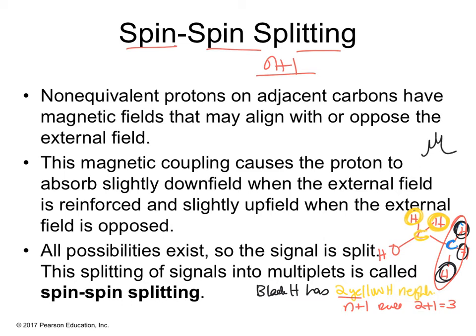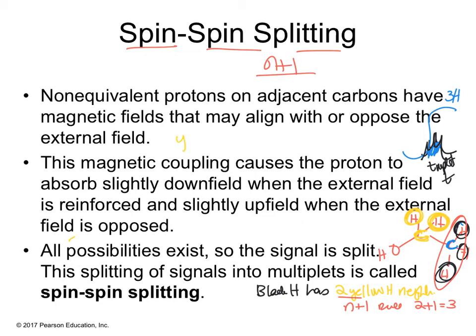So the integration under the curve for the black hydrogens would be 3 hydrogens, but it's a triplet. And this triplet, you just write a T, means that the neighboring carbon has 2 hydrogens.